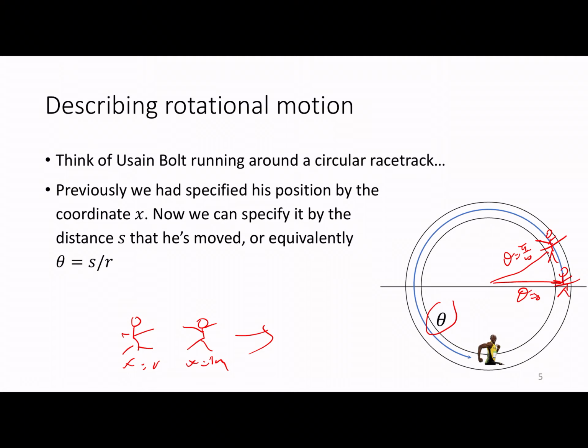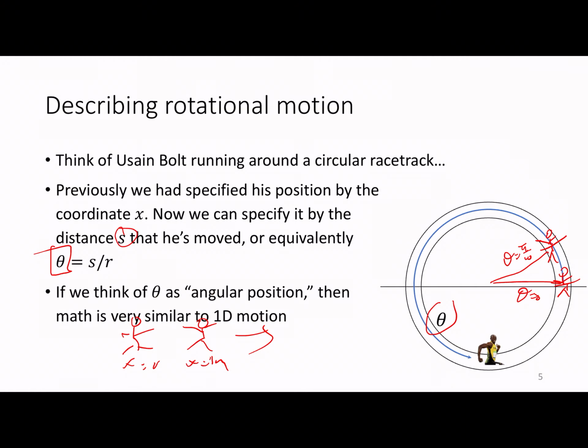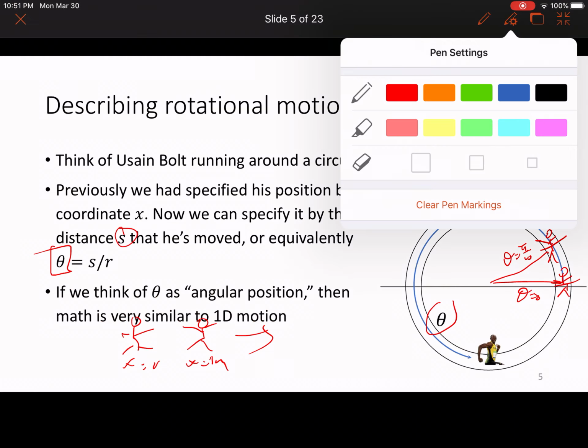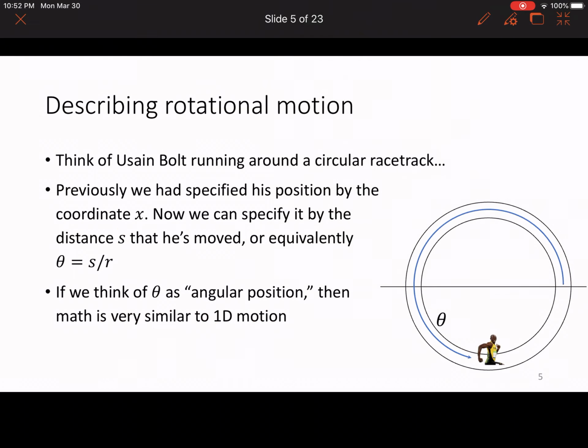So the idea is as follows. If I want to tell you everything about this motion, what I should tell you is the angle theta, which, by the way, is completely equivalent to telling you how far he's traveled, because theta is equal to s divided by r. So the right way to think about theta, I will sometimes use this terminology, is that theta is like the angular version of position.